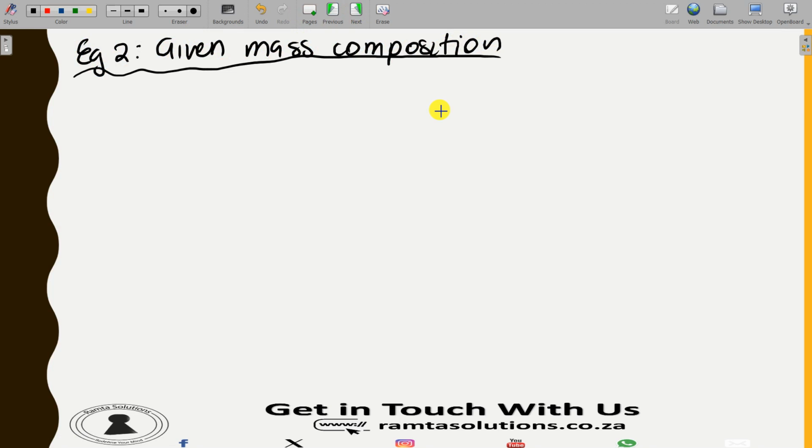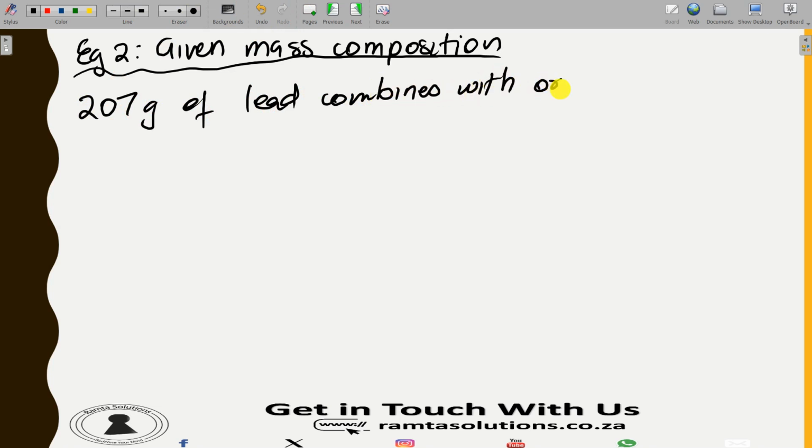Let's say 207 grams of lead combines with oxygen to form 239 grams of lead oxide.